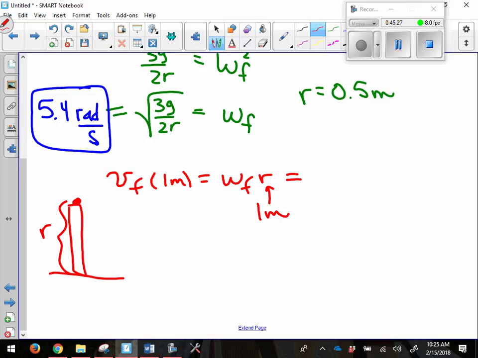So my VF is 5.4 meters per second. Okay, now it's done. Yes, because an object only has 1 omega.